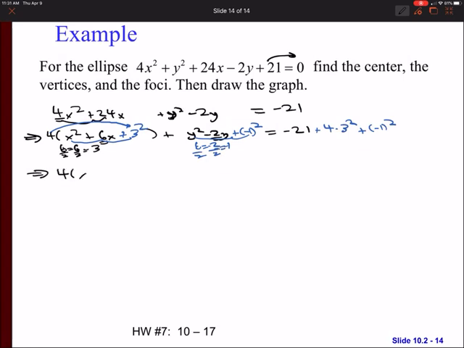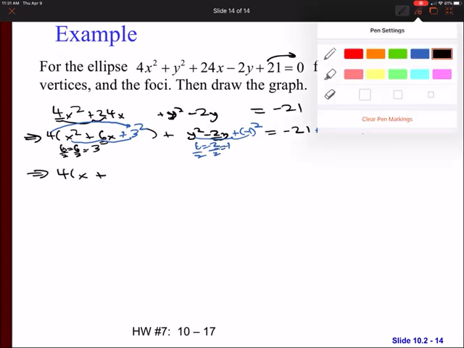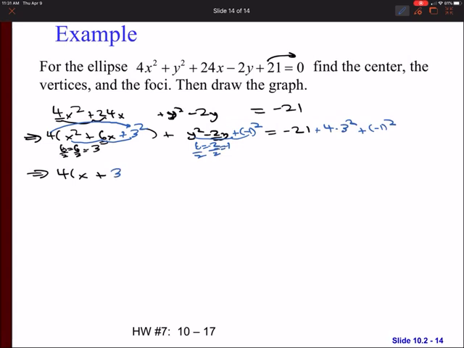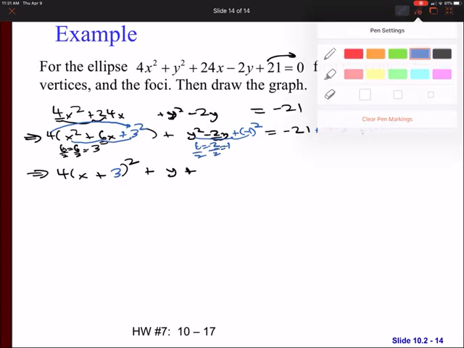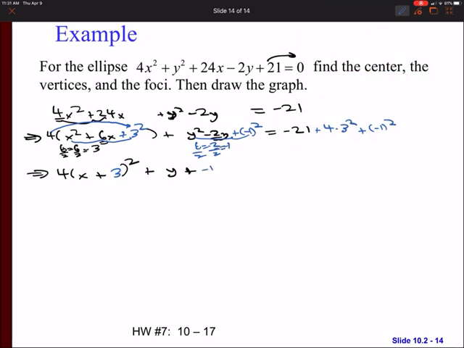So I got 4 times x plus half of b, x plus 3, squared, plus y plus half of b, y plus negative 1, and what was b? Negative 2, we took half of that, so y plus negative 1 squared, equal to, as we simplify on the right-hand side, negative 21, 4 times 3 squared, that's 4 times 9, or 36, plus negative 1 squared would be 1.